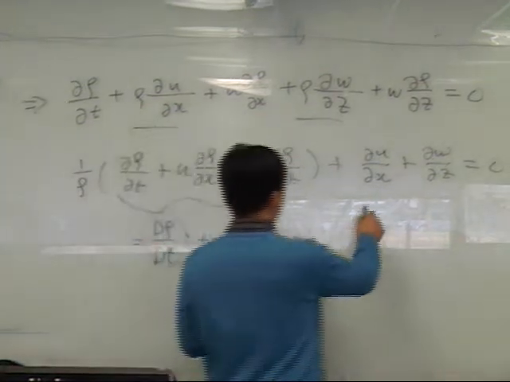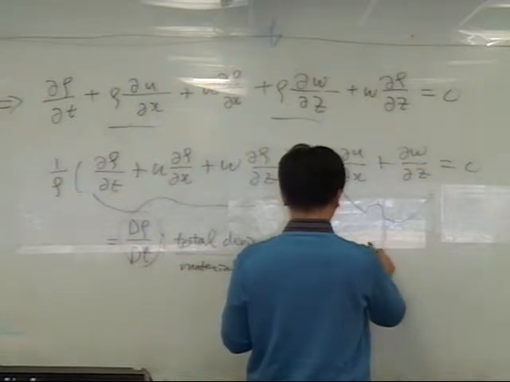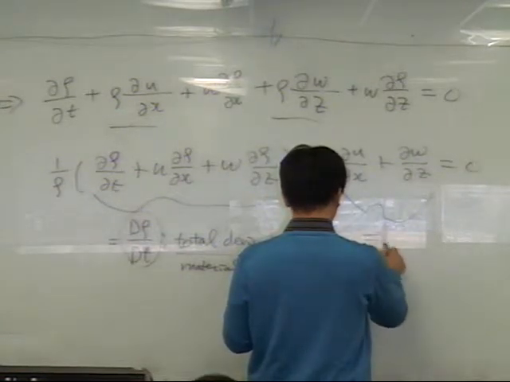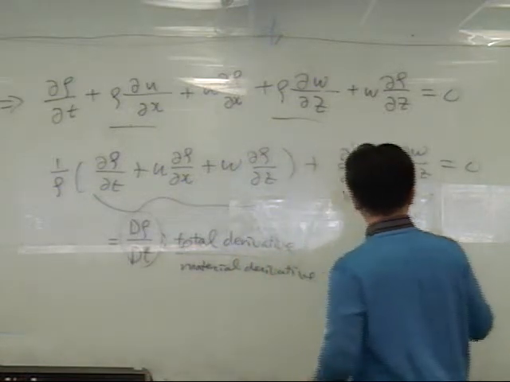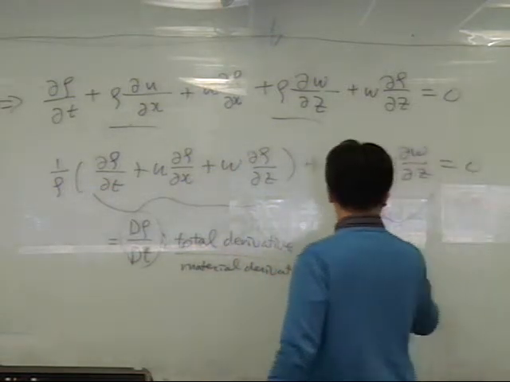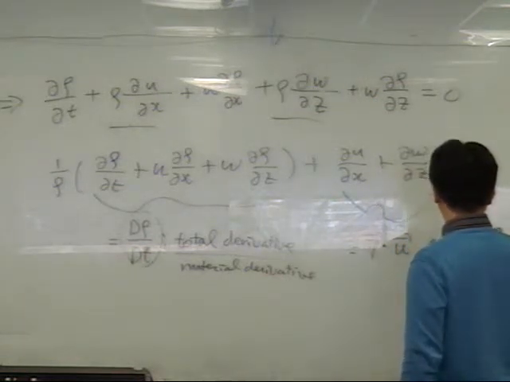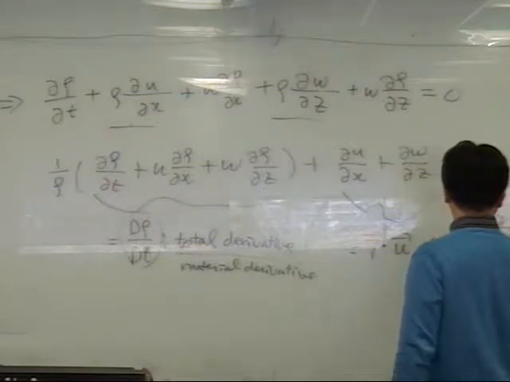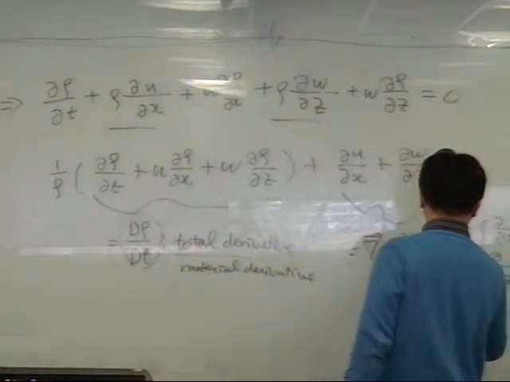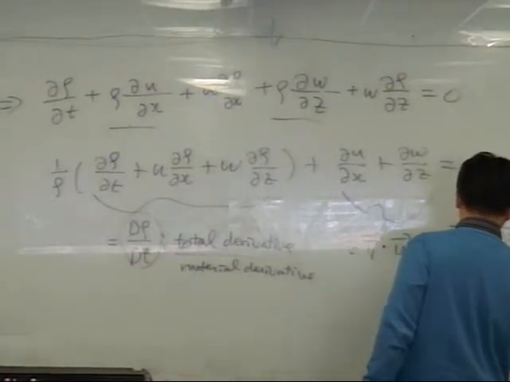And this term is the same as u dot nabla rho, where u in 2D is (u, w).